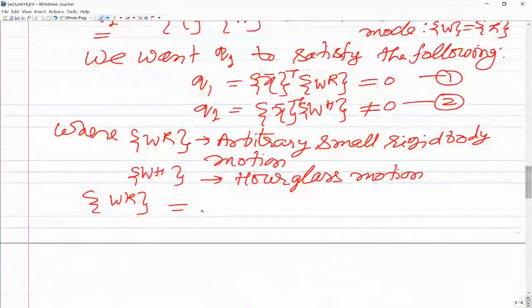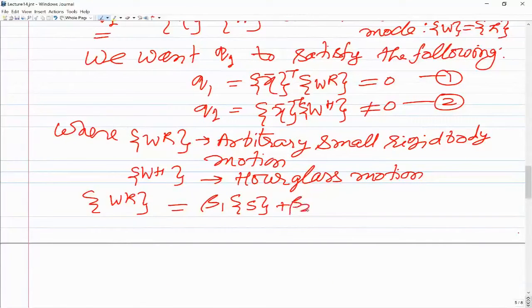So we can write that as some constant beta 1 times s plus beta 2 times x because of rotation, and beta 3 times y because of rotation, about the x axis and the y axis. That would be an arbitrary rigid body motion. That is what wr is. Now what should be the form of this gamma bar vector? The vector gamma bar is also known as the hourglass shape vector.